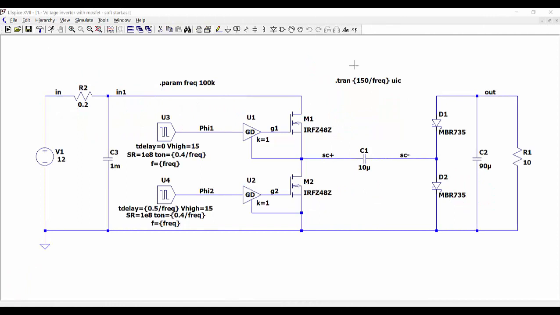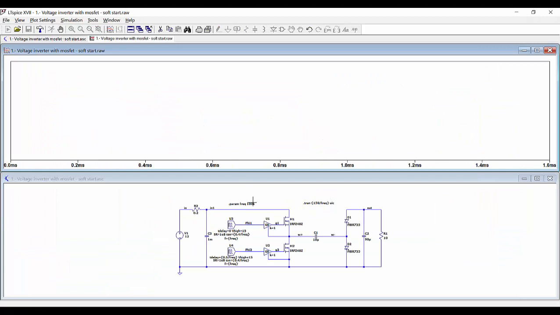Let's illustrate this with a simulation. Here we have again our inverter, and now we have placed at the input a series resistance of 0.2 ohms, 200 milliohms, and a parallel capacitor at the input of 1 millifarad. So let's run the simulation and see the waveforms.